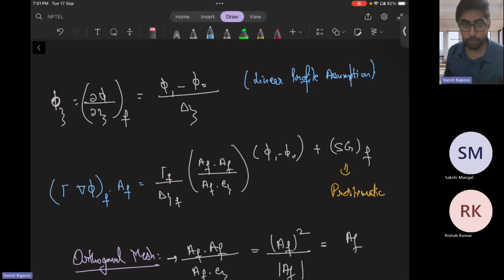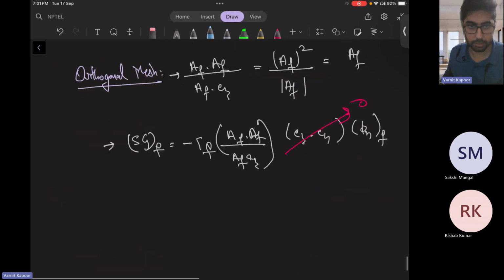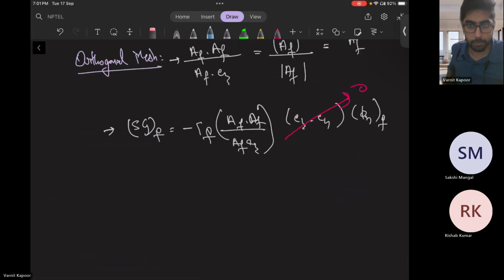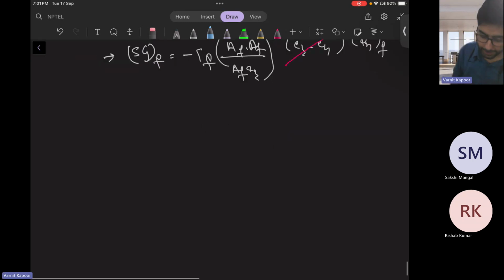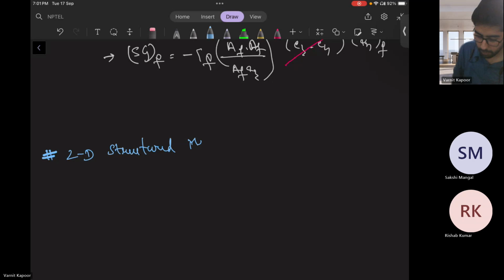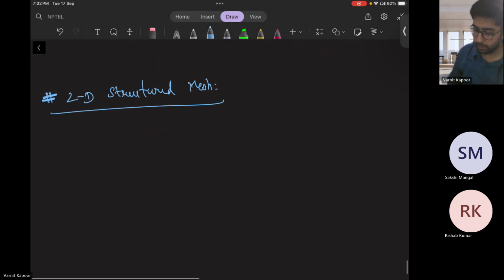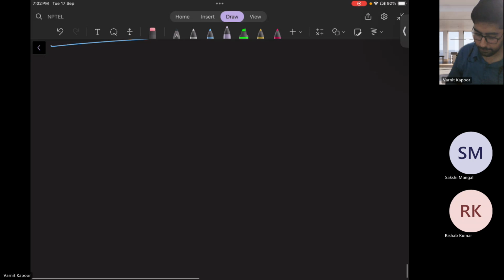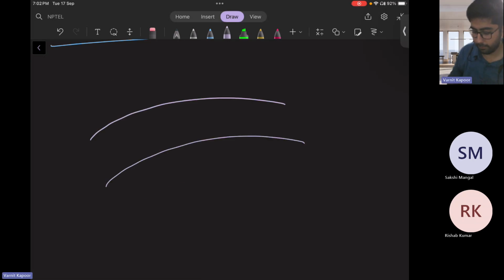Now let's come to the two-dimensional structured mesh. Let me write the heading. So we have a 2D structured mesh. Suppose we have it like this.